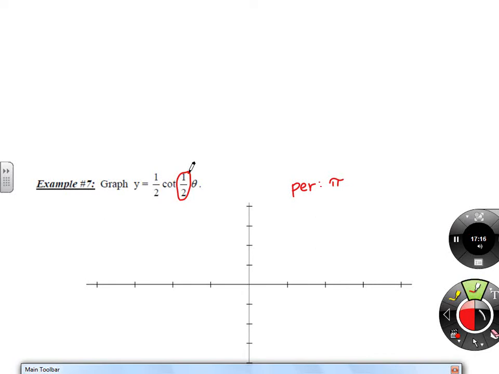Is it a horizontal stretch or compression? Stretch, okay? It's really multiplying the period by its reciprocal, which is 2, giving us a new period of 2 pi, okay? So I expect the period of the function to be 2 pi. Therefore, my graph is going to be scaled by whatever that is divided by 4. So 2 pi divided by 4, pi over 2.